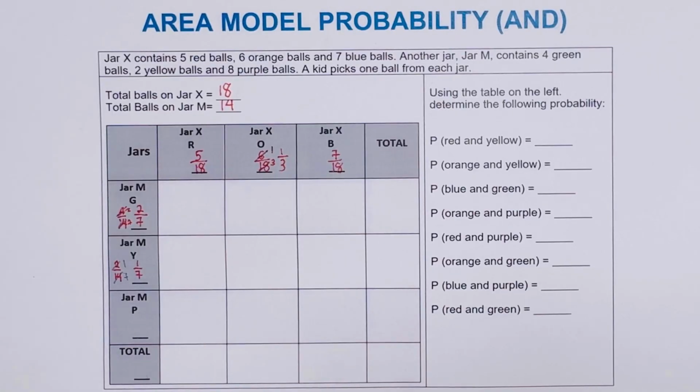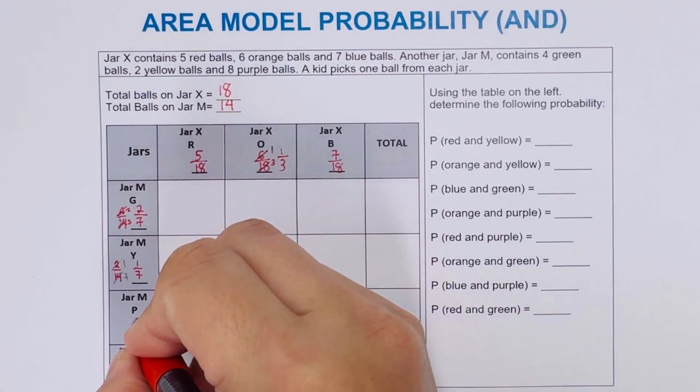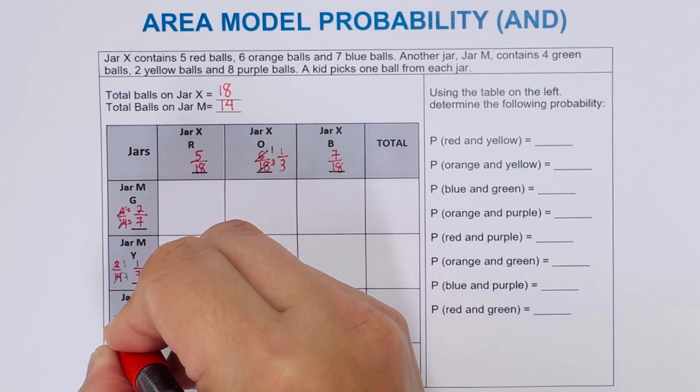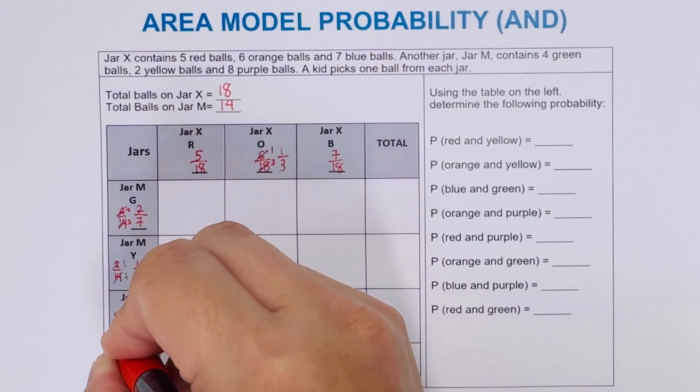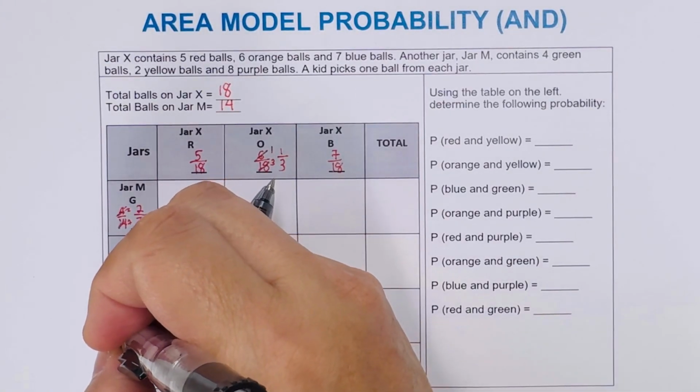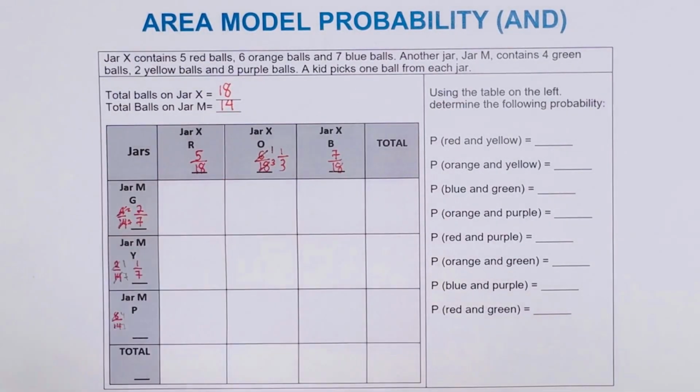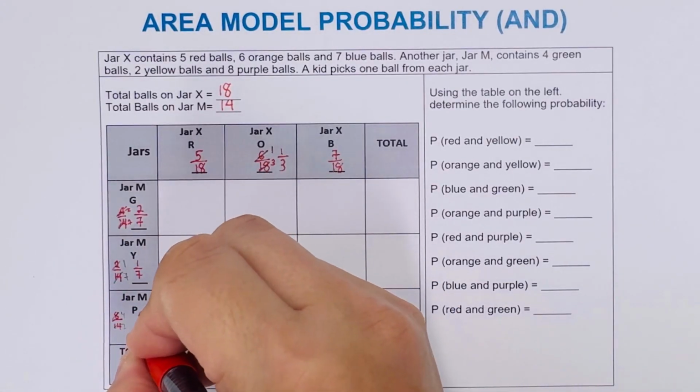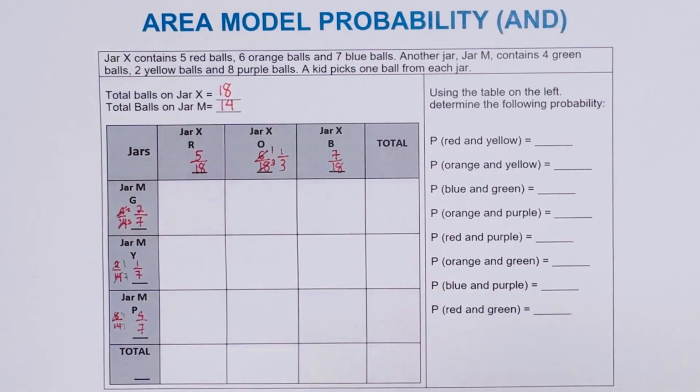Purple, 8 out of 14. This one goes by 2, so that is 4 out of 7.